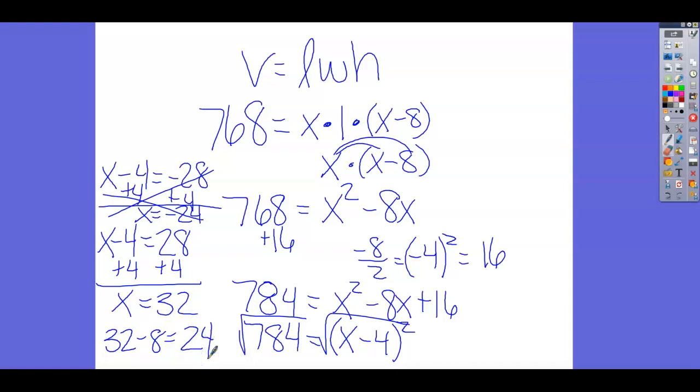So the dimensions of that glass case are 32 centimeters by 24 centimeters by 1 centimeter depth. Questions on that?